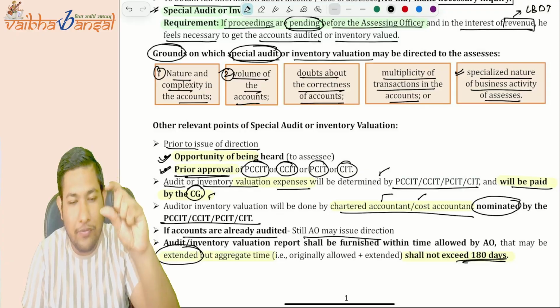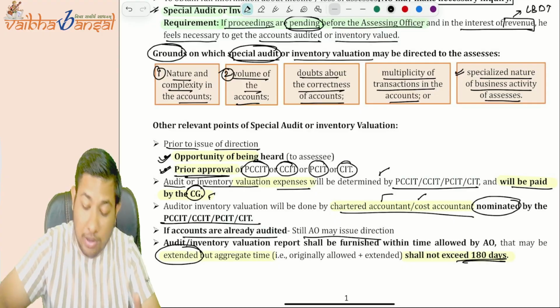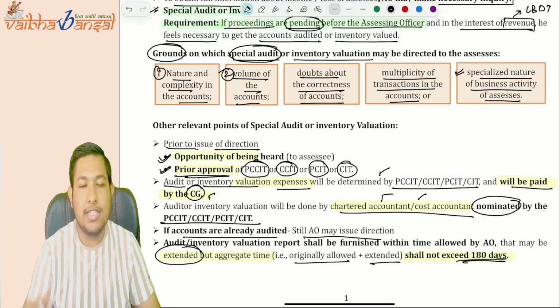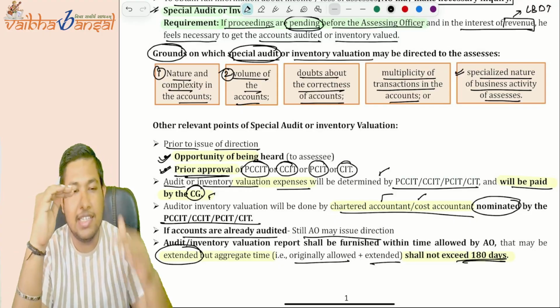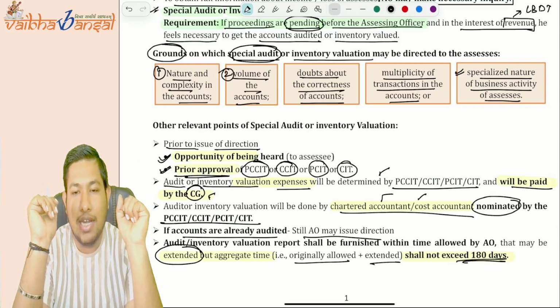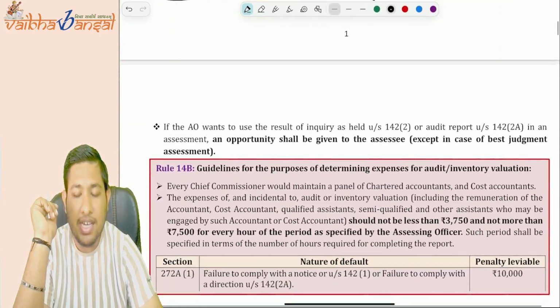So the originally allowed time plus the extended time should not exceed 180 days. So 180 days is the criterion, the maximum time allowed in that particular case. Understood or not? Tell me this first. Clearly.